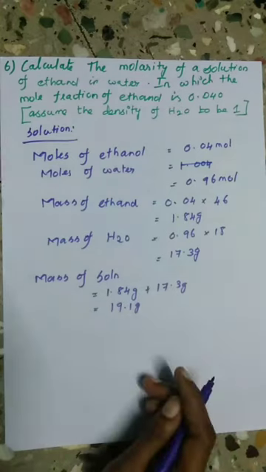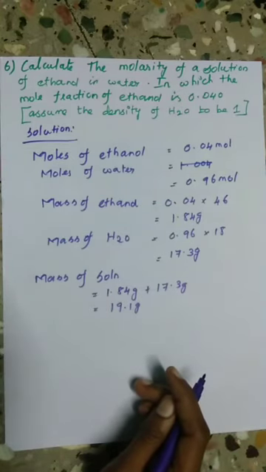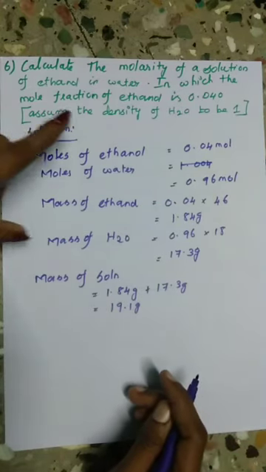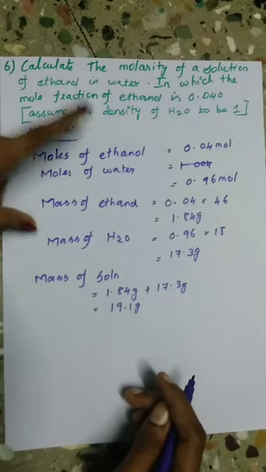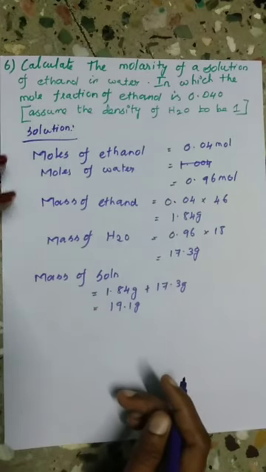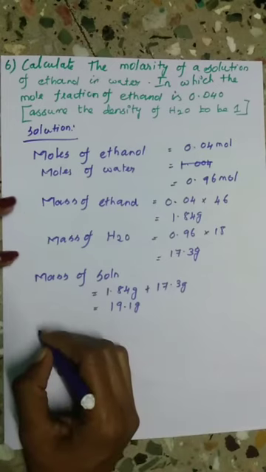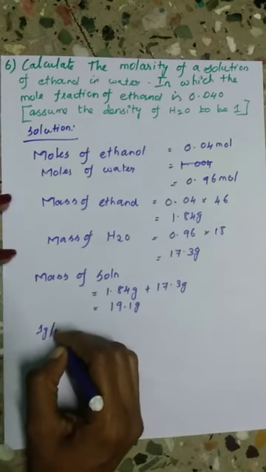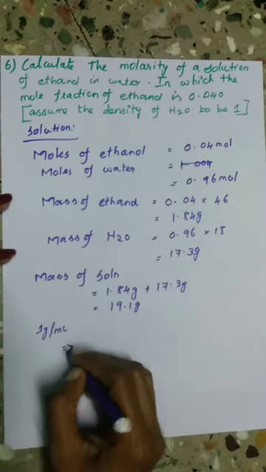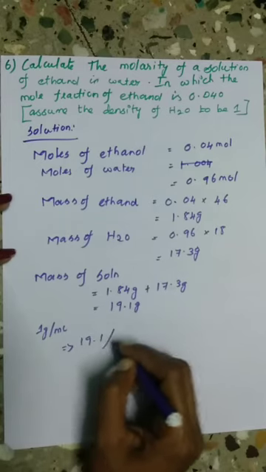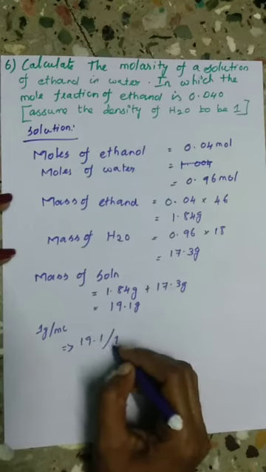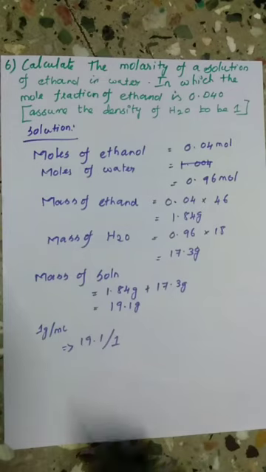This is the mass of the solution. They have given that the density of water is 1, so let the density of the solution be 1 gram per ml, which means 19.1 per 1.